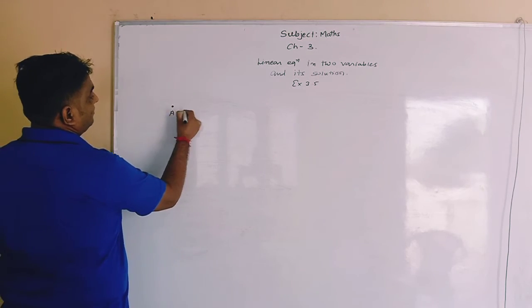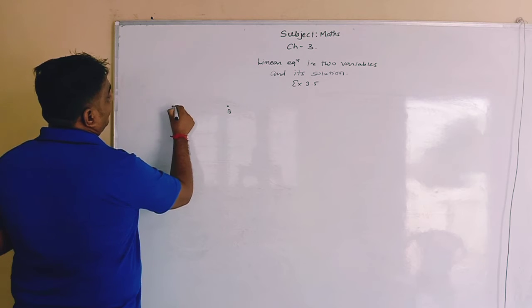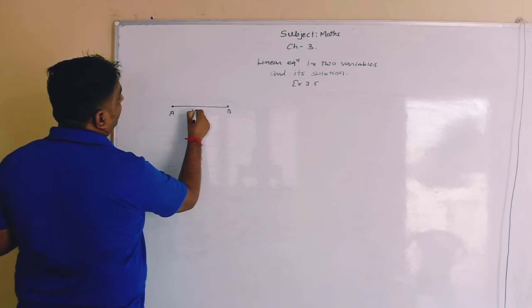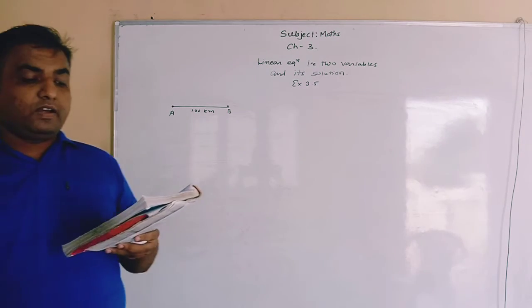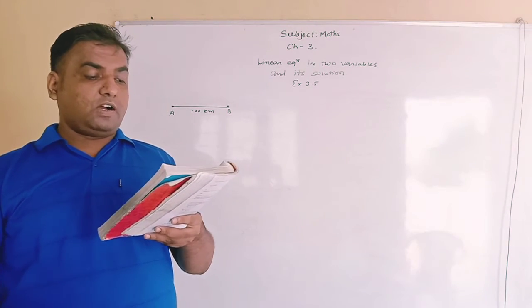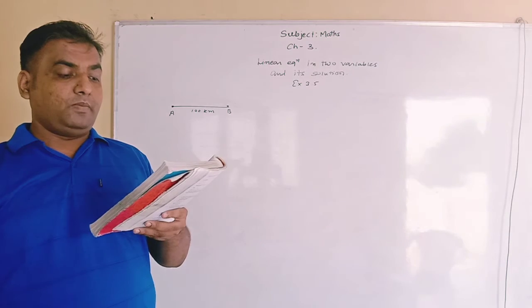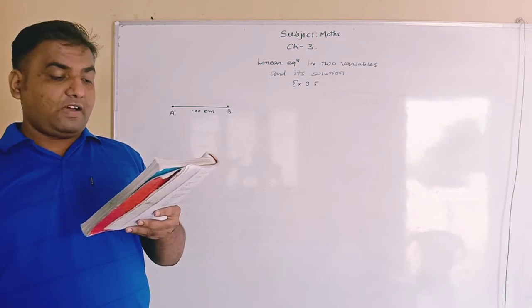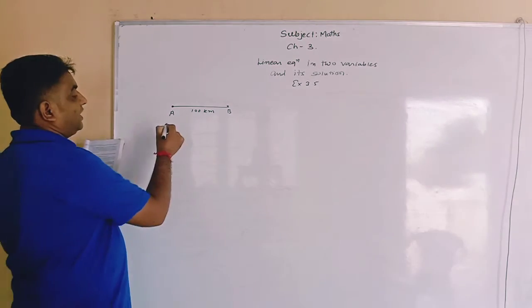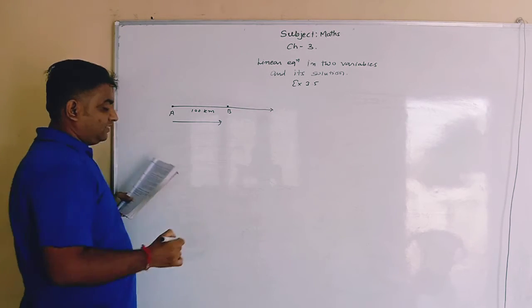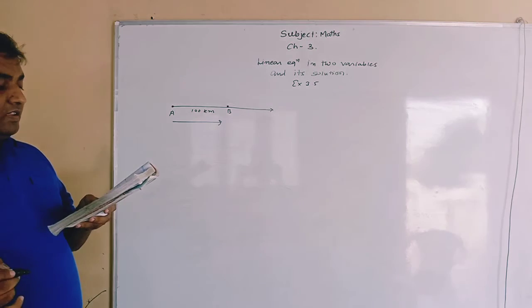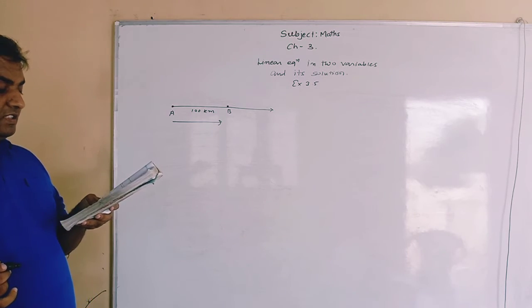Points A and B are 100 kilometers apart. One car starts from A, another car starts from B, at the same time. If the cars travel in the same direction, meaning A moves in this direction and B also moves in this direction, then they meet in 5 hours.